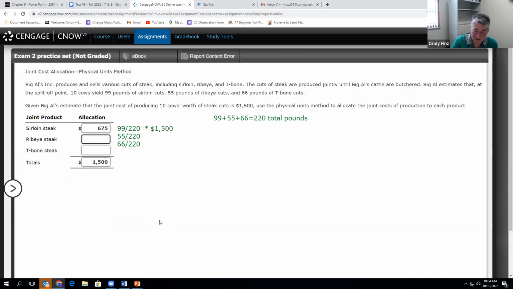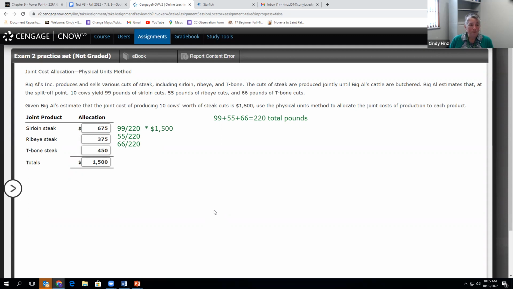For the ribeyes, 55 out of the 220 pounds times the 1,500 total combined or joint costs, we'll allocate $375 in cost to the ribeye. And 66 out of 220 times 1,500 is 450. And then we would just want to add those three together to make sure that they do actually equal $1,500, and they do.